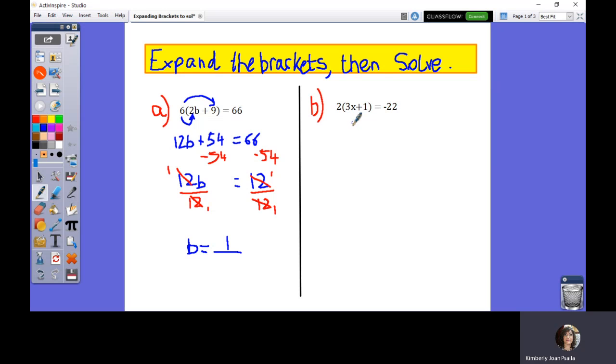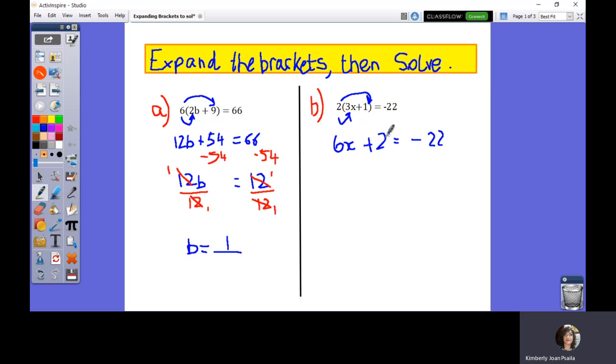So 2 brackets 3x plus 1 is equal to minus 22. So first we have to open up the bracket. So we have 2 multiplied by 3x, which gives us 6x. 2 multiplied by a positive 1 gives us positive 2, which is equal to minus 22.